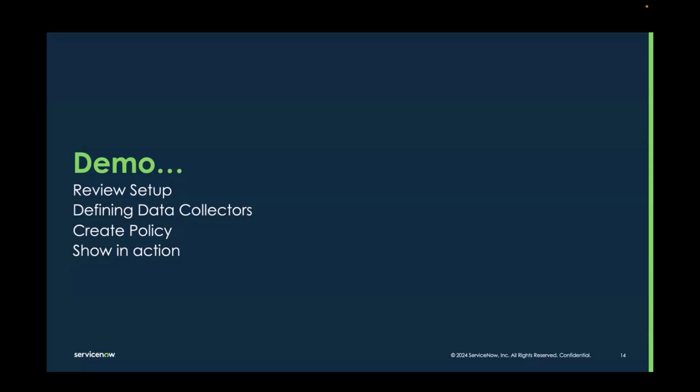The reason we've got a review setup is because there is not currently an explicit integration between test management V2 and DPR. So I added a field so that I could link the two, and then I use that information to create the policies. Once we review what I did, because again, it's very minor setup, but I want to set expectations, then we're going to go into defining a data collector.